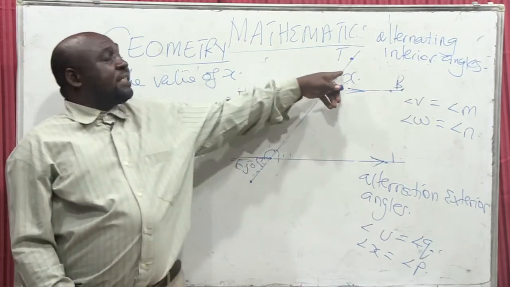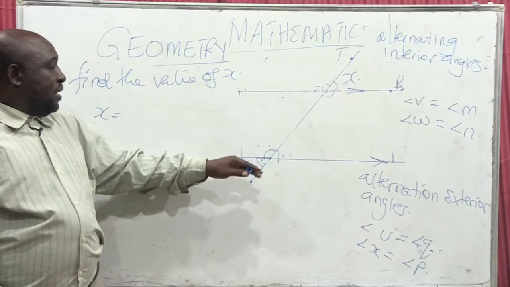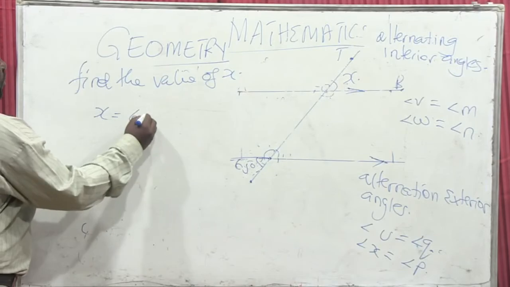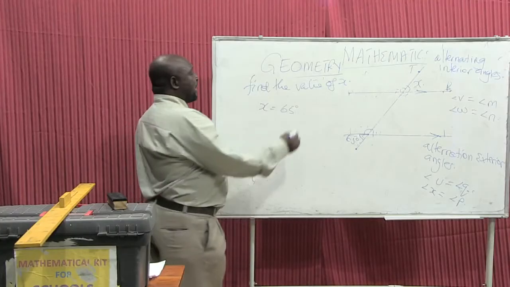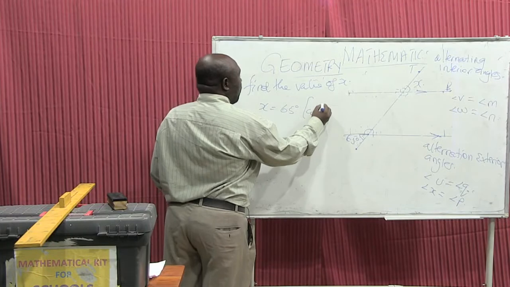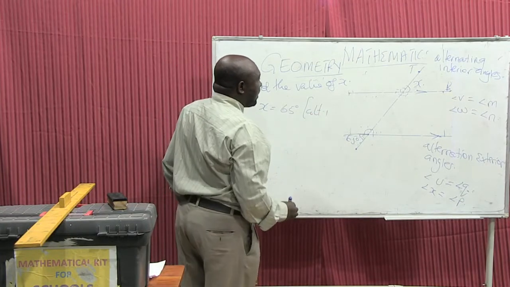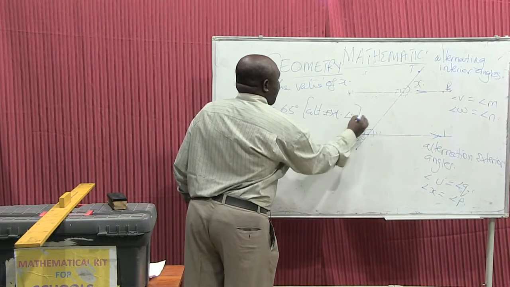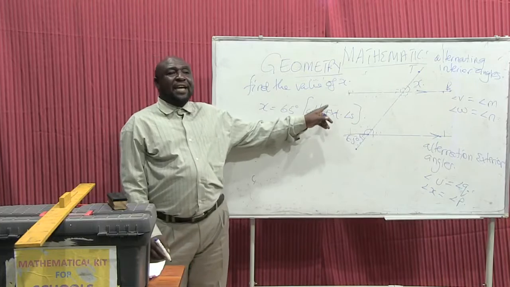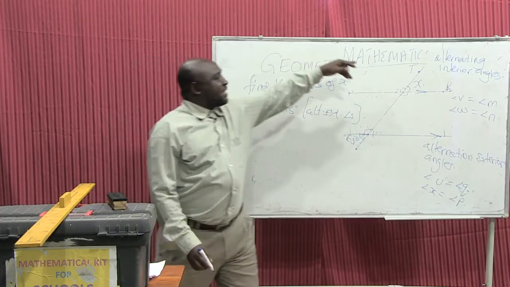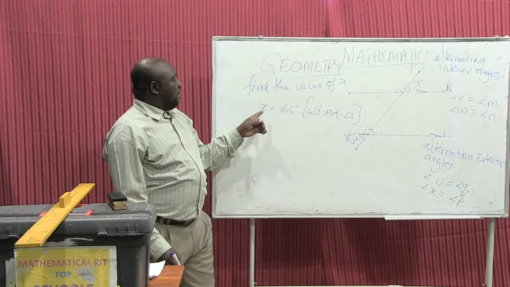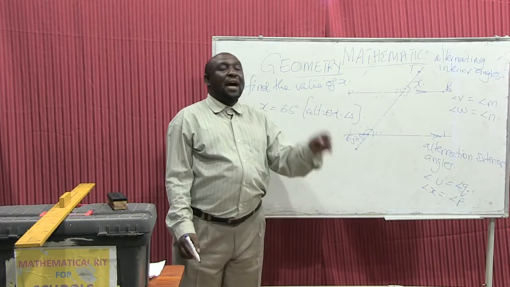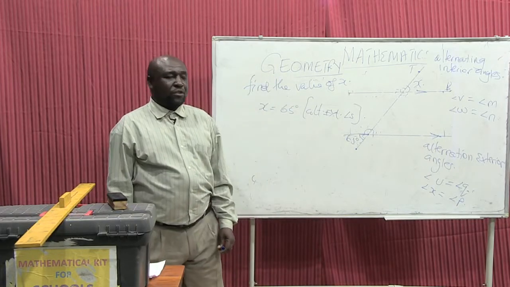In the opposite direction, different point, opposite side. So you say X is equal to 65 degrees. Reason: alternating exterior angles. So angle X equals 65 degrees. Reason: they are alternating exterior angles.